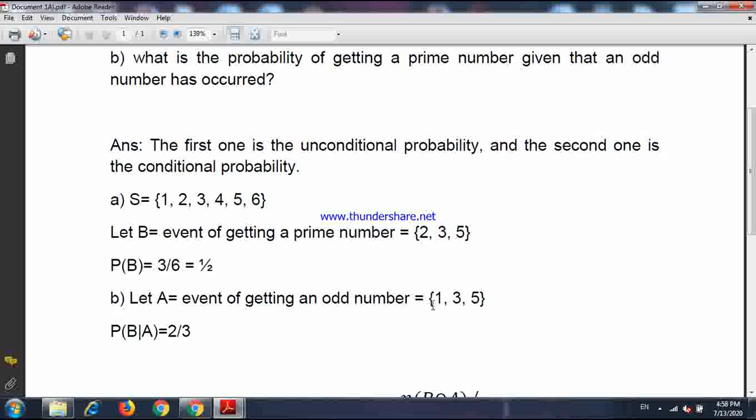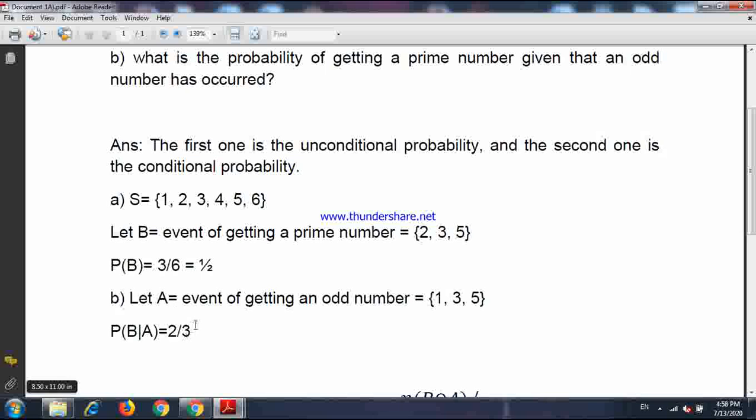That means out of these odd numbers, how many primes are there? 3 and 5. So this is the number of favorable outcomes. And what is the total number of possible outcomes? Here, as we have the information that an odd number has already occurred, the total possible odd numbers is the total number of possible outcomes.